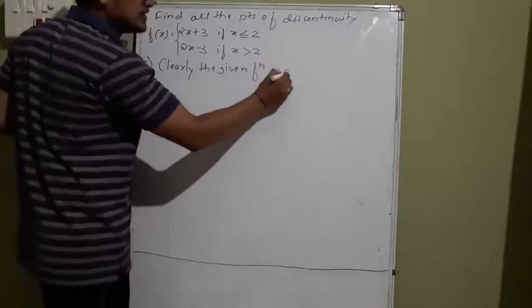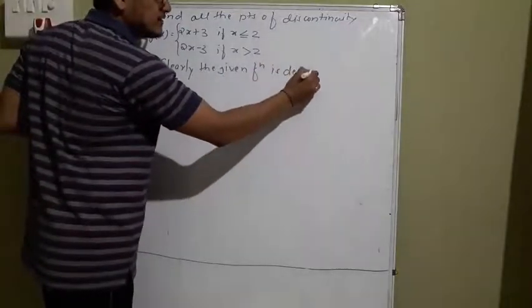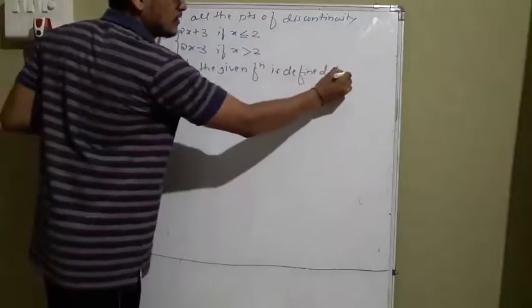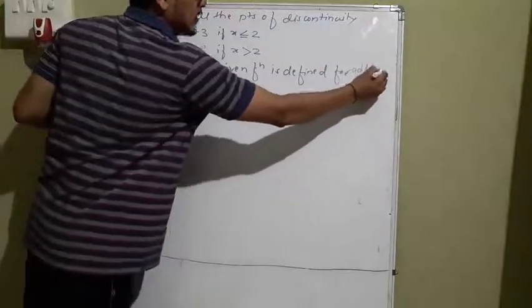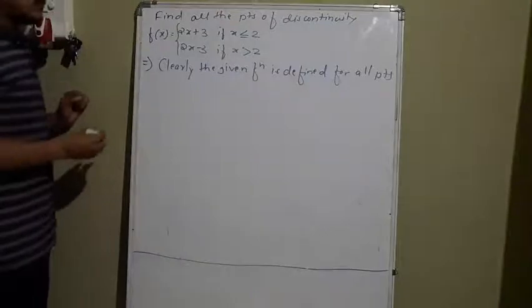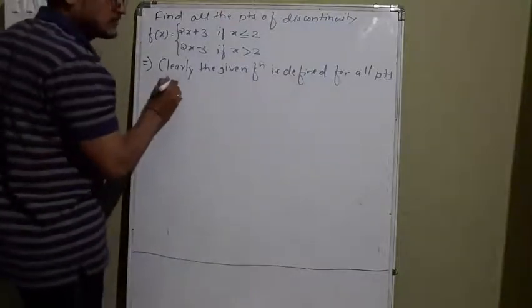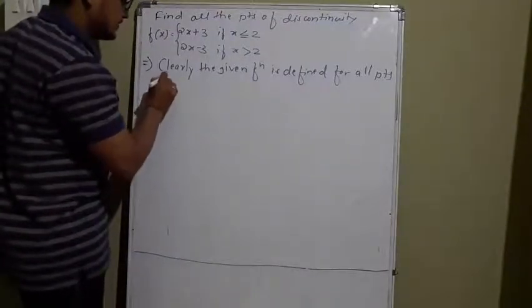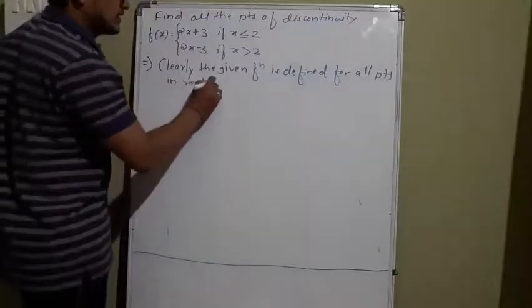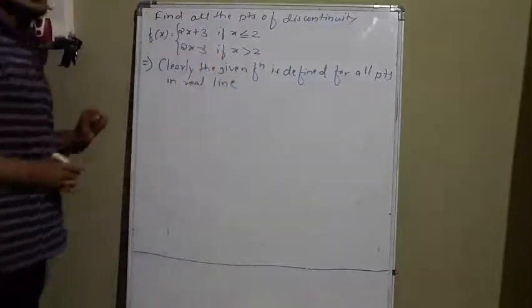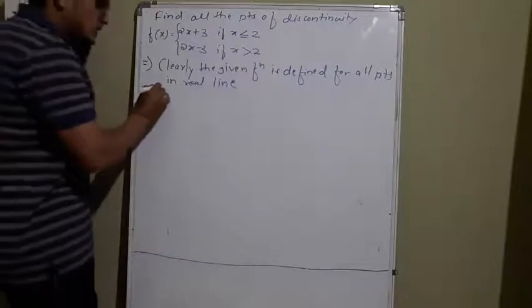The given function is defined for all points in the real line, or I can say in real numbers. So you have to assume one real number.